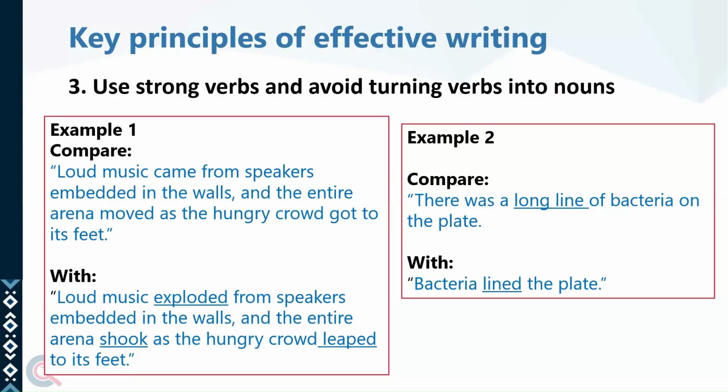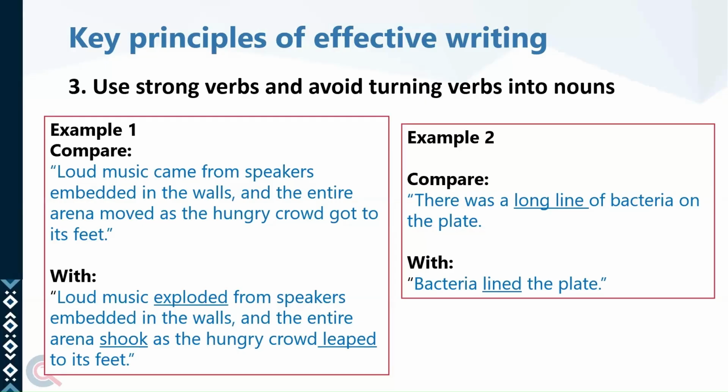You discover that in the second example, it is clearer to understand because the writer placed action verbs in the sentence that made it clearer. So use action verbs, strong verbs, to convey the message that you want to convey in your sentences.